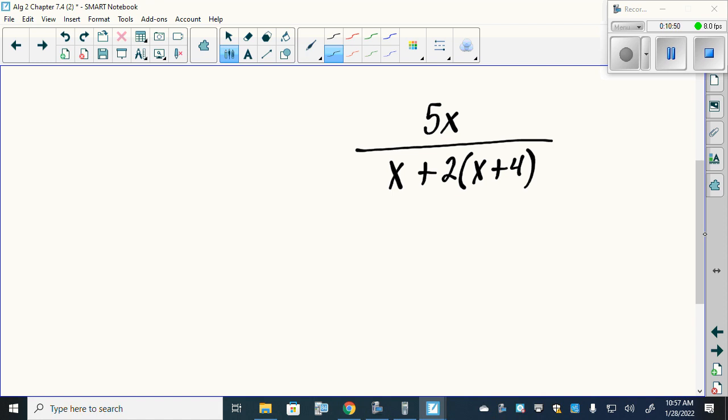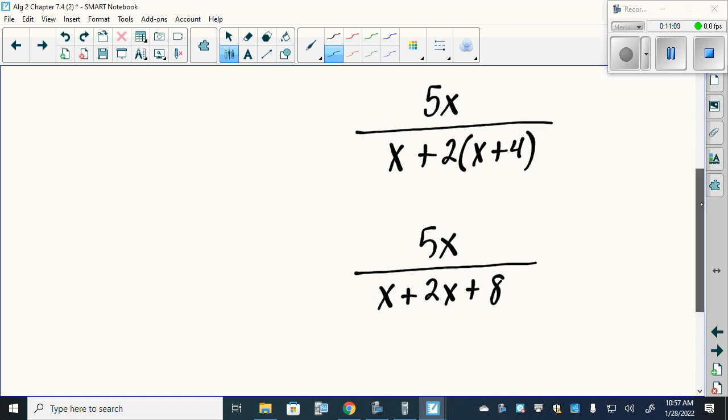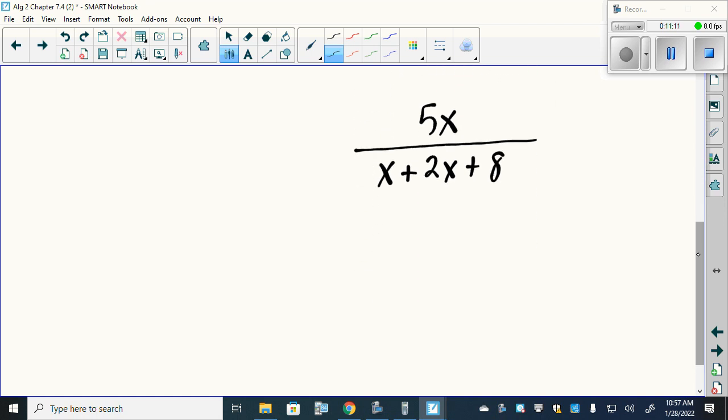Now we do need to simplify the denominator a little bit, because the 2 times x plus 4, we might have some like terms. So we can multiply that out. Which is x plus 2 times x is 2x plus 8. Well, yes.